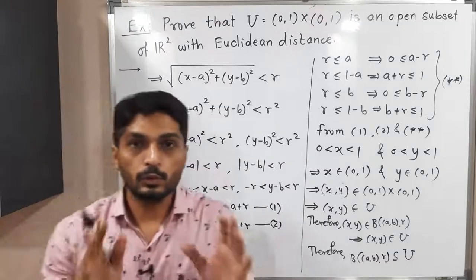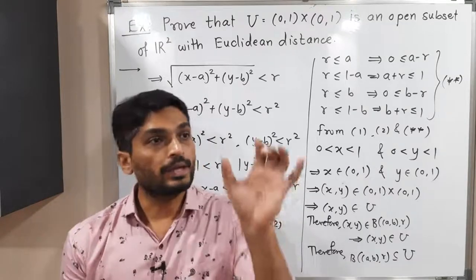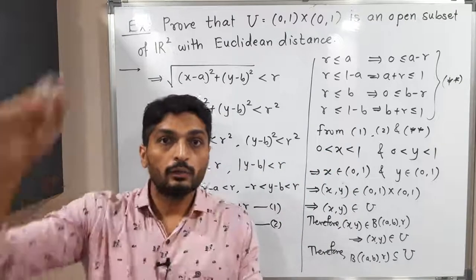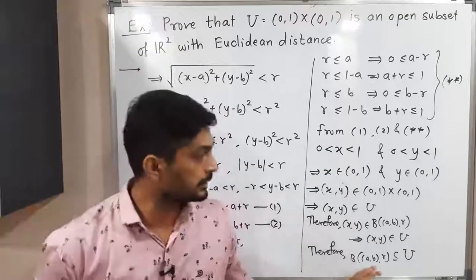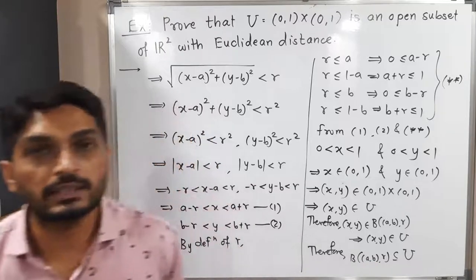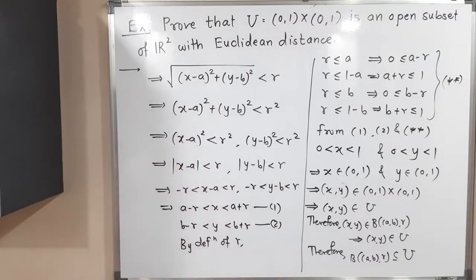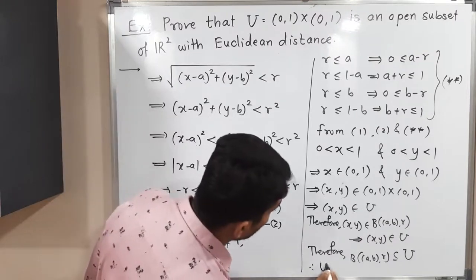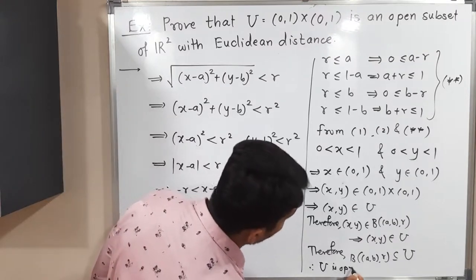So U was a given set. We had taken an arbitrary point (a, b) and we could find a ball around it which is a subset of U again. So U satisfies the definition of an open set and we can declare yes, U is an open subset of R2. So therefore simply I will mention U is open in R2.